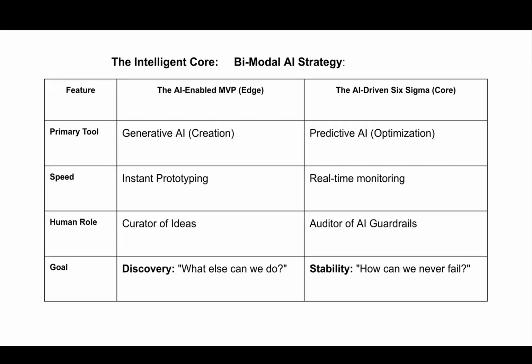And so that bimodal strategy, with AI under MVP thinking and methods and Six Sigma thinking and methods, can give you very, very different ideas, but they can go on both within an organization if you know how to manage and lead this. So the goal of AI-enabled MVP is to discover what else we can do.